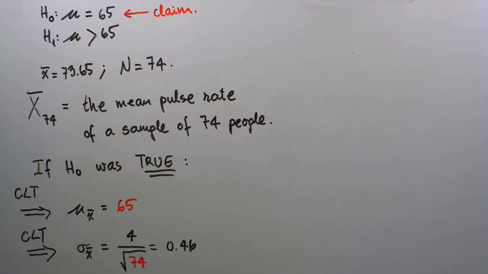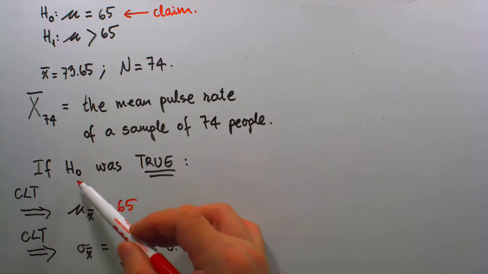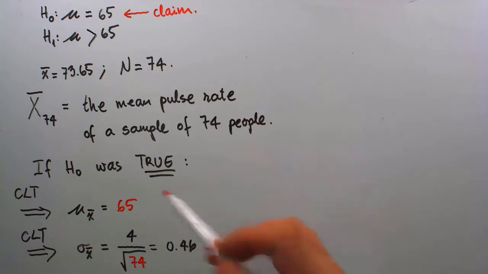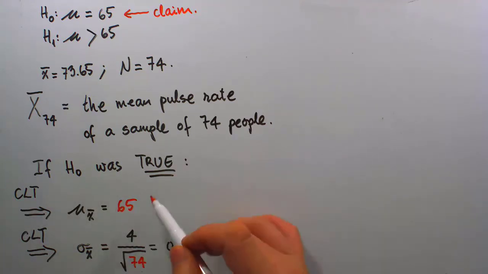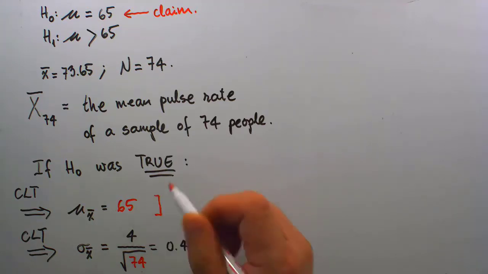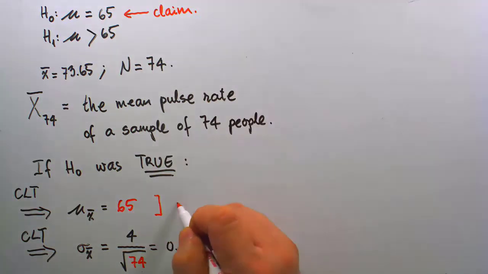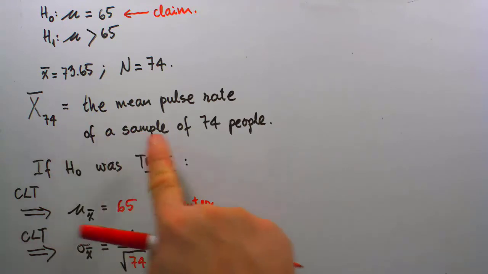But now the impact of the two lines here is saying that once we have accepted that H sub 0 was true, and for now it's only something that we accepted, keep that in mind, then consequently we would know that this value 65, which was once only a claim, we can now use as the center of all sample mean values.